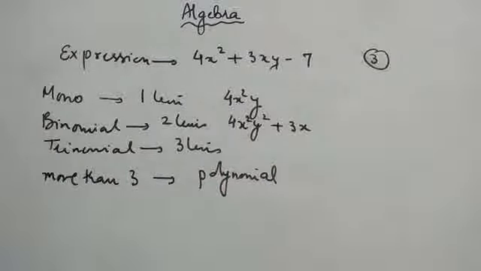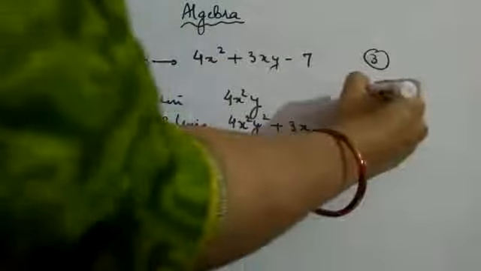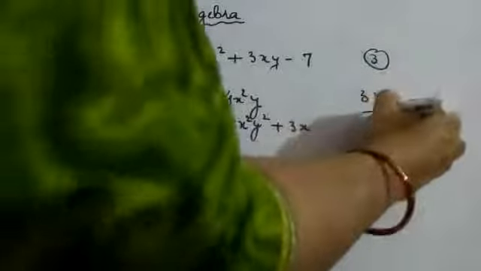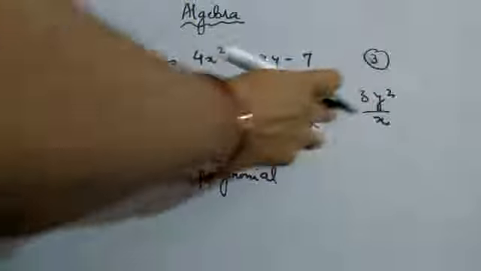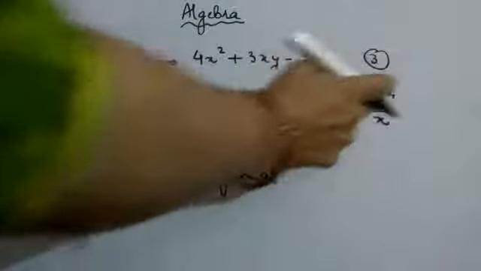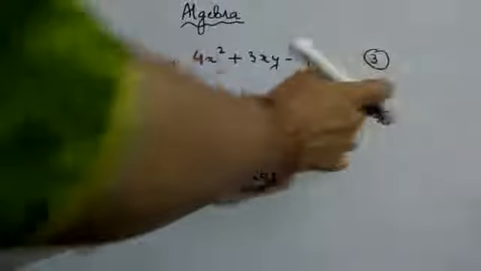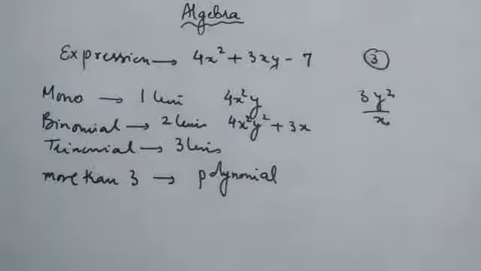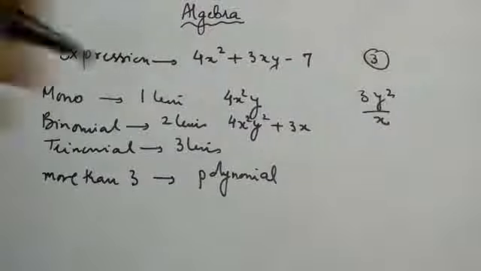Children, I will give you one example where it is simply a monomial, but you might not be able to judge. Suppose you have 3y square upon x. You might count this as one, this as another. No, it is divided by a division sign. I told you we differentiate terms with a plus or a minus sign.